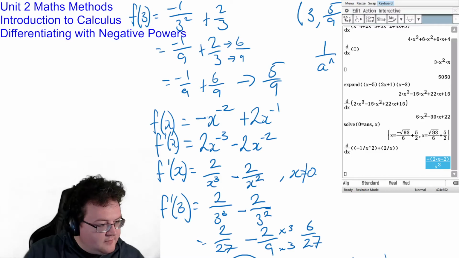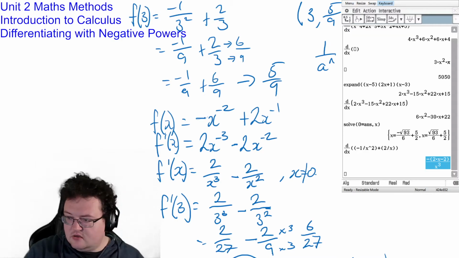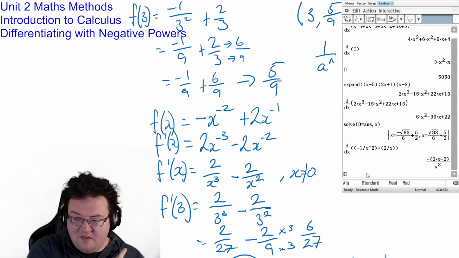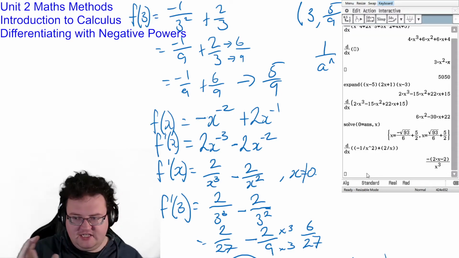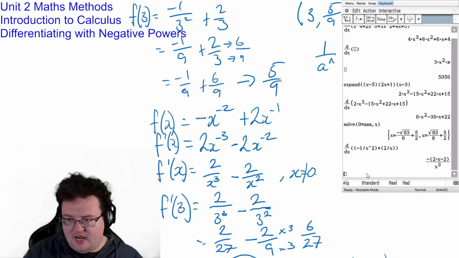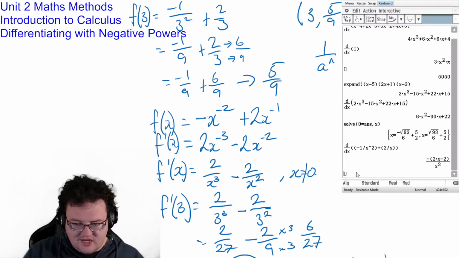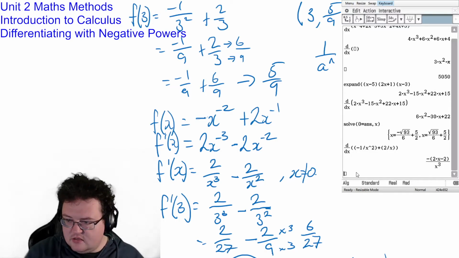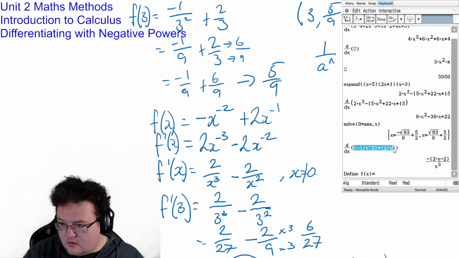Now they are the same, except what the CAS has done is simplified it down to just one fraction as opposed to a spread out one. So to use our CAS to make sure that we've got the right answer, I'm just going to quickly define f of x equals my function.